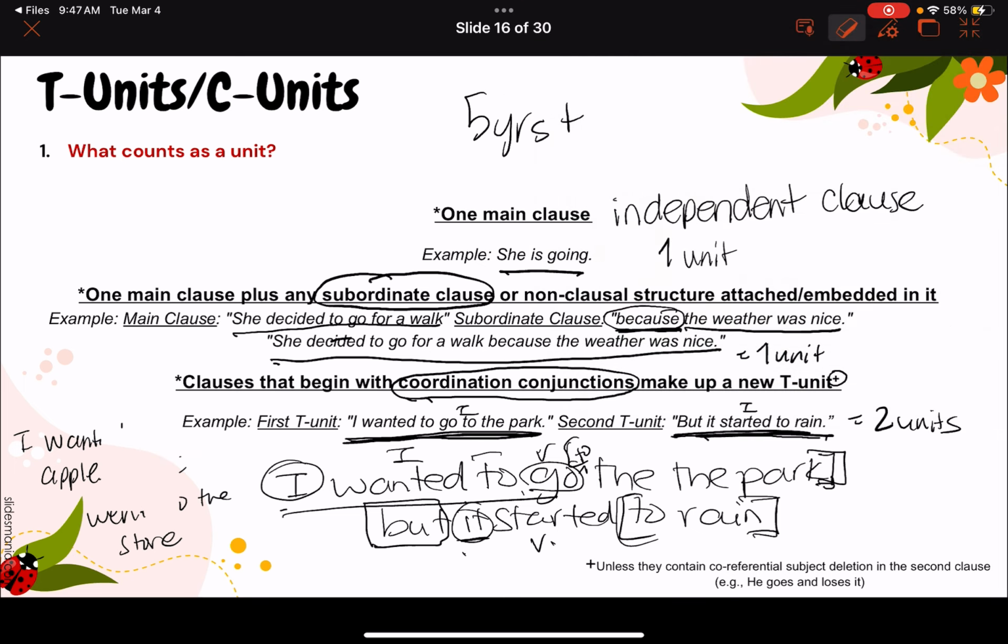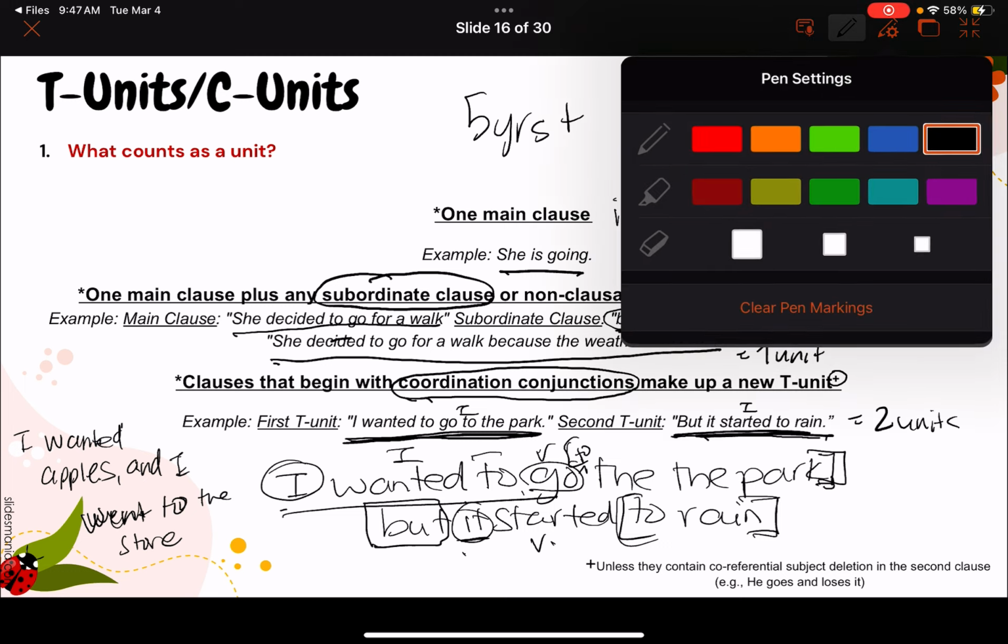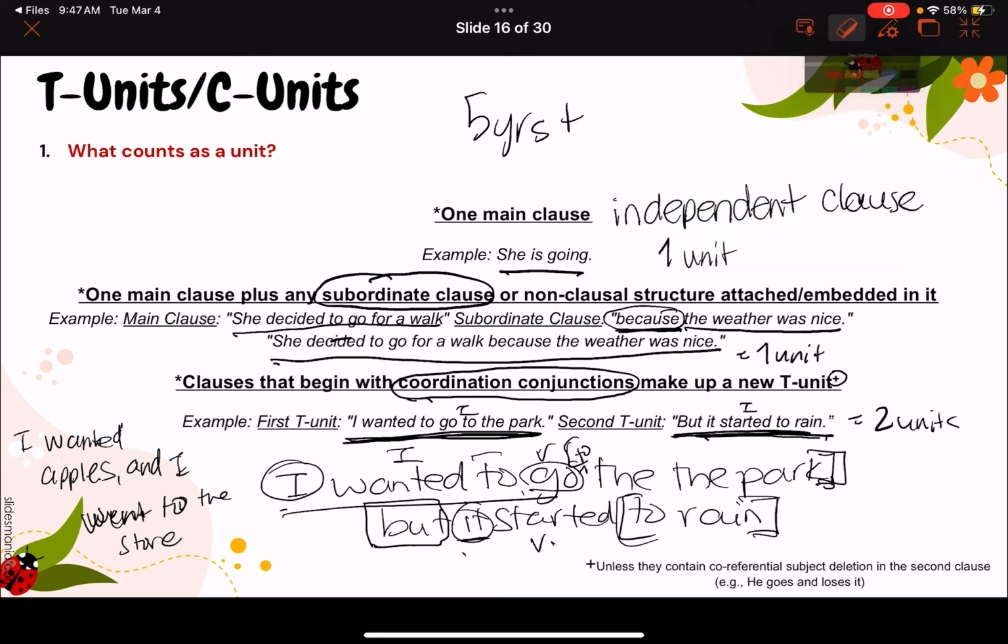Let's do and instead of so. All right, so let's do I wanted apples and I went to the store. If I get rid of the I, I would have to get rid of my comma because now I have an independent clause, I wanted apples and went to the store, and a dependent clause.